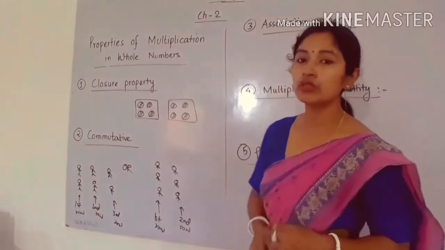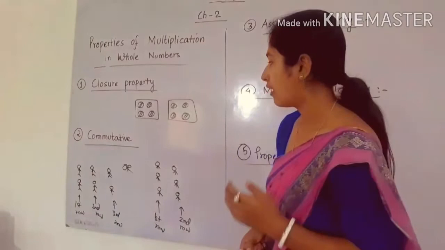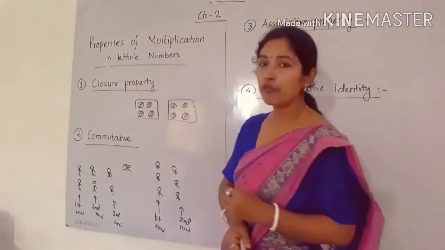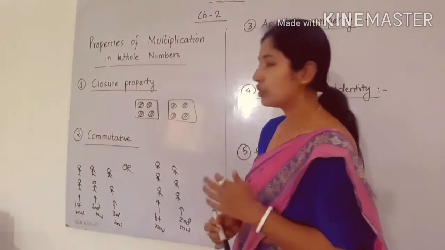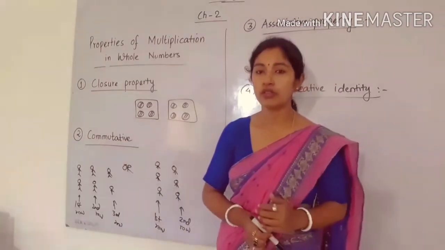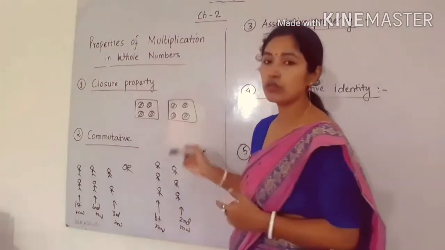If I use multiplication, I have to write the number of balls in each box, that is 4, multiplied by the number of boxes. So 4 into 2 is equal to what?